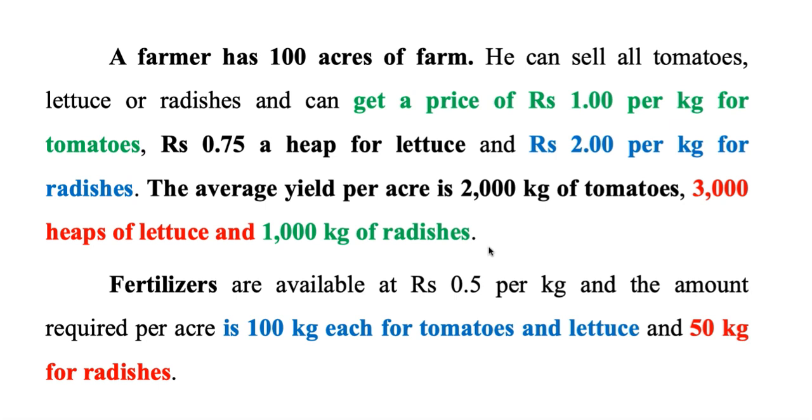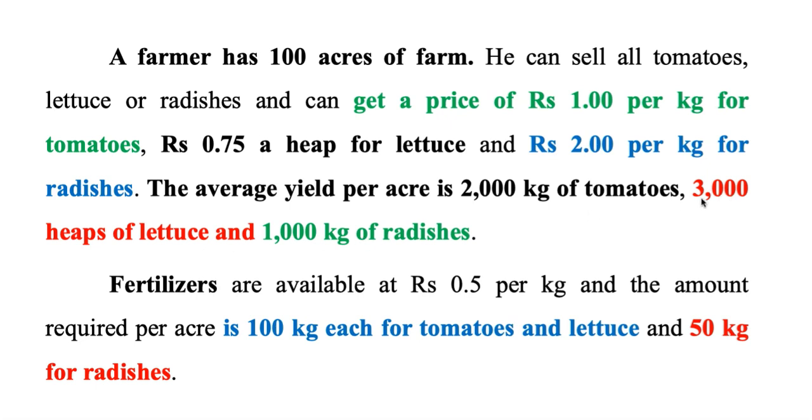Now the total income from tomatoes: because he is selling tomatoes at 1 rupee per kg, and his total yield of tomatoes is 2000 kgs, if he is selling 2000 kgs of tomatoes, he is going to get how much? 2000 rupees from tomatoes.